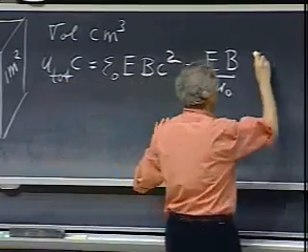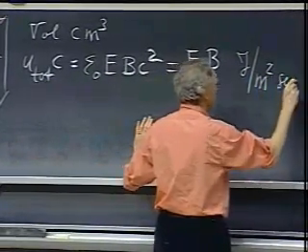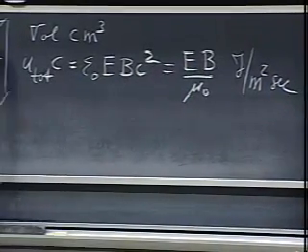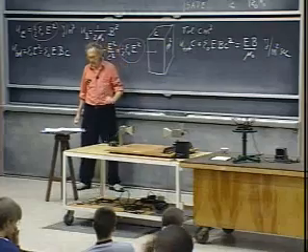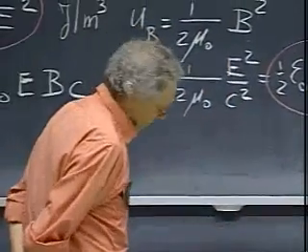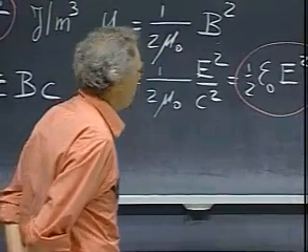And this now is joules per square meter per second. Because in 1 second, all that energy comes out, and I have already chosen 1 square meter area. Let me see whether I'm happy with that. Yes, I'm happy with that.